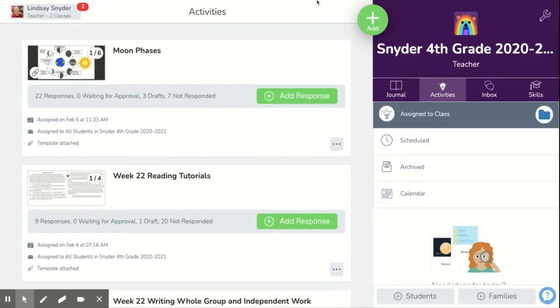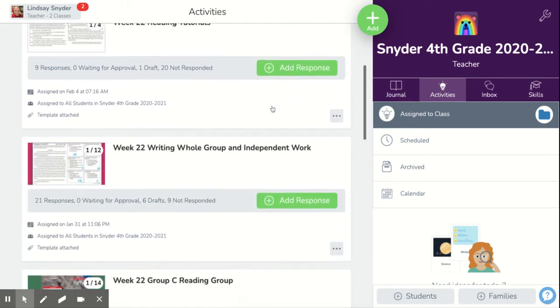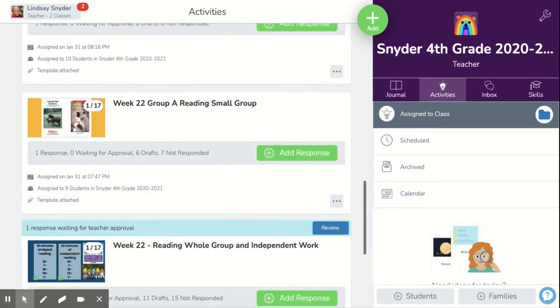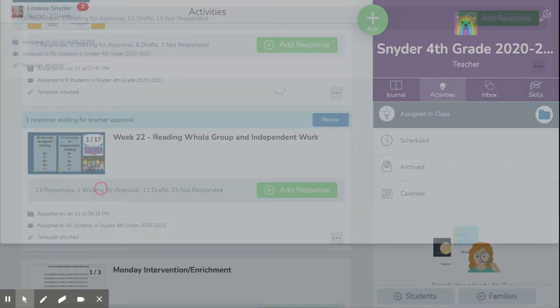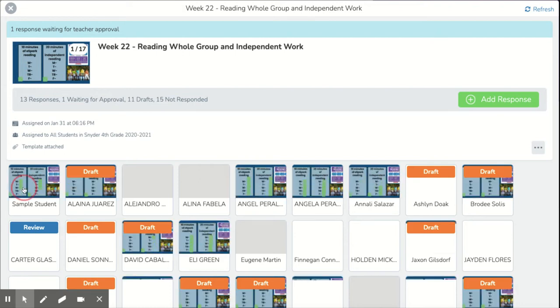All right, then in reading today, if you go to activities and you go down, reading week 22, whole group and independent, click on that, open it up.